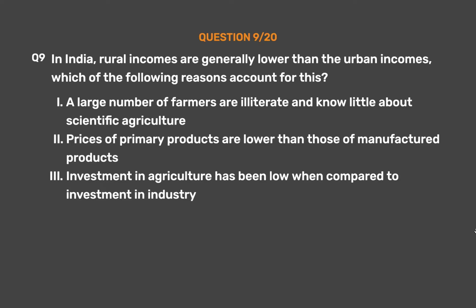Question number 9. In India, rural incomes are generally lower than the urban incomes. Which of the following reasons account for this? 1. A large number of farmers are illiterate and know little about scientific agriculture. 2. Prices of primary products are lower than those of manufactured products. 3. Investment in agriculture has been low when compared to investment in industry.